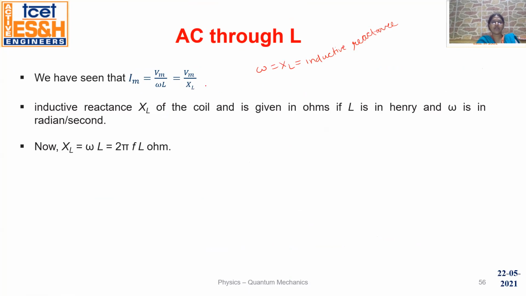Vm is the maximum voltage and XL is the inductive reactance of the coil, given in ohm. The unit of L is Henry and the unit of omega is radian per second. XL is also equal to 2 pi FL or omega L.